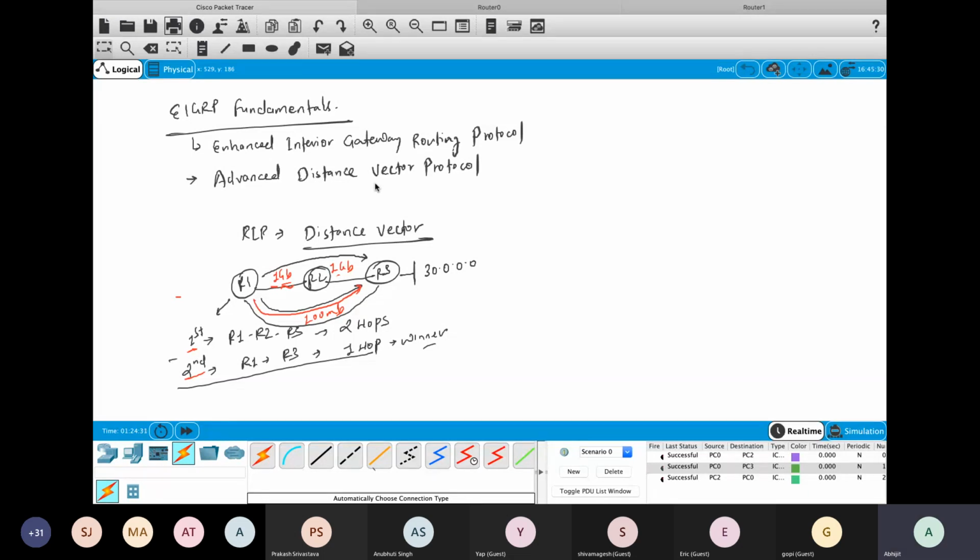In real time, your traffic will actually reach R3 faster if you send it via R2. If you have configured Routing Information Protocol, your traffic will still go from R1 to R3 directly, taking the second route, because RIP works not based on how fast the link is, but based on how far the destination is. That's why the number of hops is the only criterion considered while choosing the best path in Routing Information Protocol. Do you guys understand that?